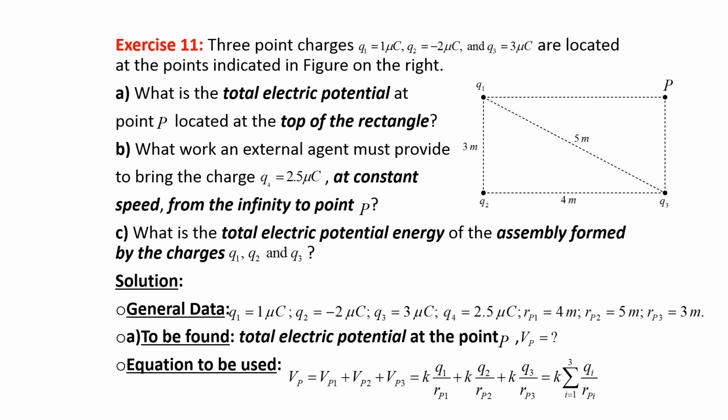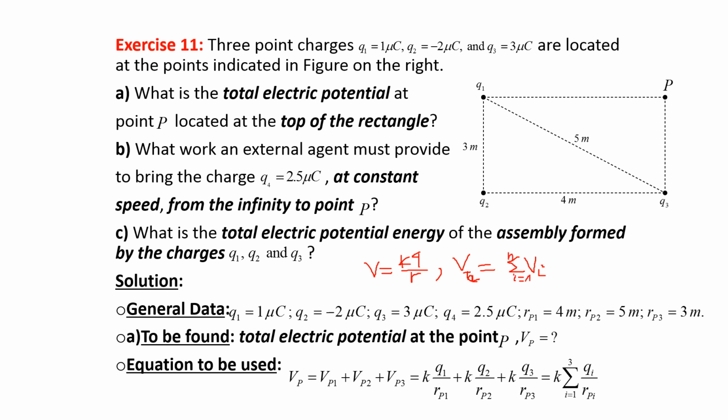We know that the electric potential by definition is equal to K times the charge divided by the distance R from the charge to the point where the potential is calculated. The total potential is equal to the sum of individual potentials, sum over i from 1 to n.